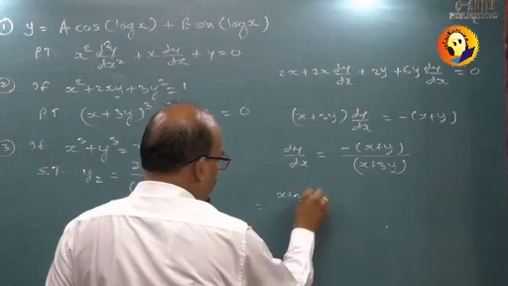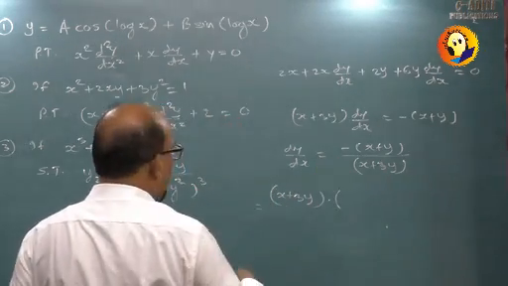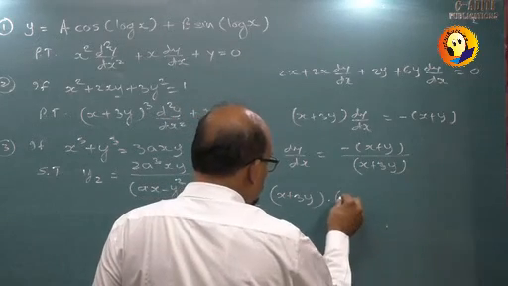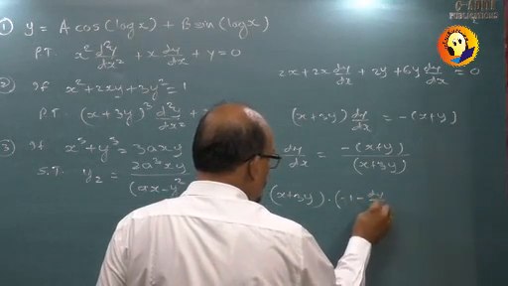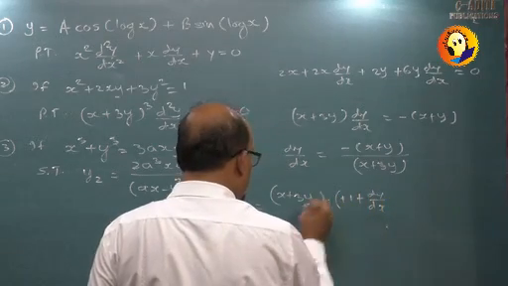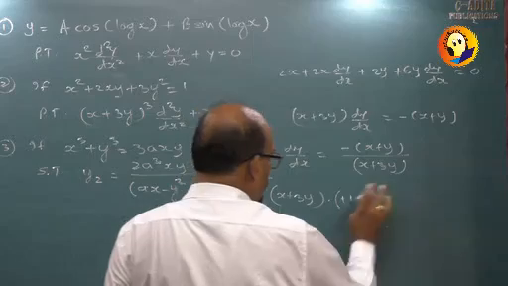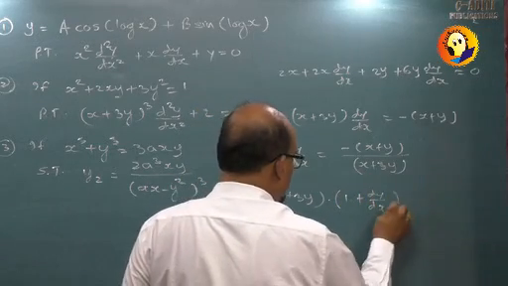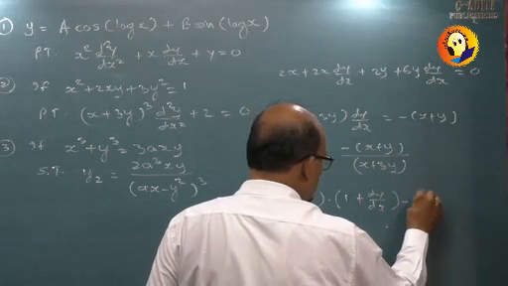x plus 3y into du is what? Into du is minus 1 minus dy by dx. Or if we are keeping the minus sign outside, fine. It is 1 plus dy by dx. So it is v du minus u dv.